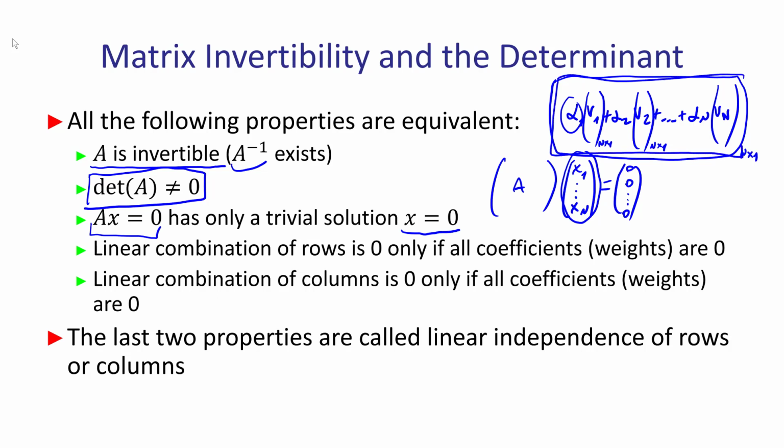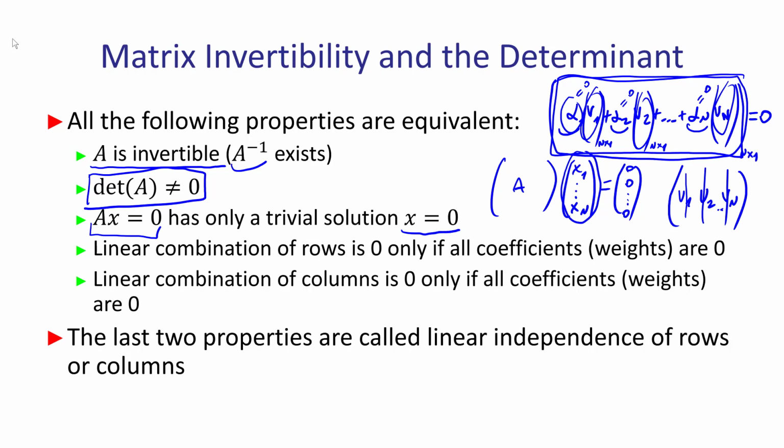Only if all of those coefficients are 0, where v1, v2, and vn are columns of matrix A, only then is this matrix not invertible if this equation is true only for all coefficients equal to 0. So this is what it means.